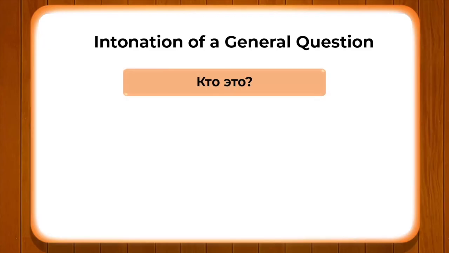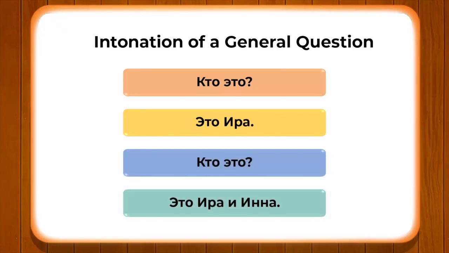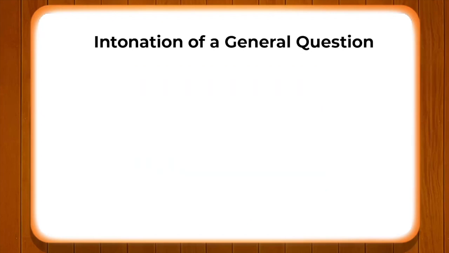Here we have "кто это?", who is this? "Это Ира", this is Ira. Ira is a very popular Russian name for females. "Кто это? Это Ира и Инна." Ira and Inna both are very popular Russian names for females. Alright, let's go ahead and look at these new examples which we have with us.